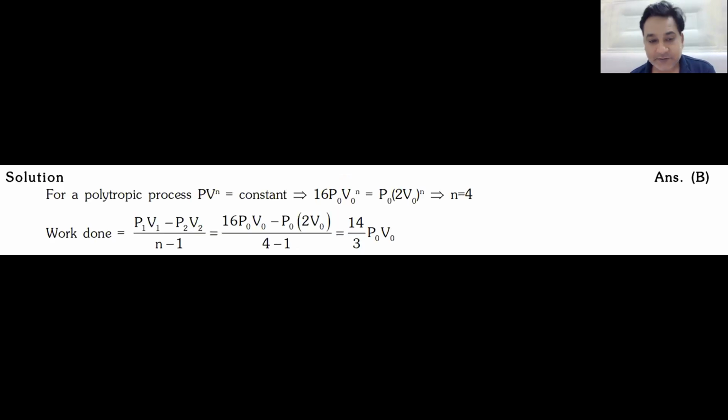You first of all find out the value of n. Take any of these points and put it in the form of PV to the power n is constant. From there, you will get the value of n as 4. Then you put P1 V1 minus P2 V2 upon n minus 1. Remember this formula? Yes, beta? Any doubts?